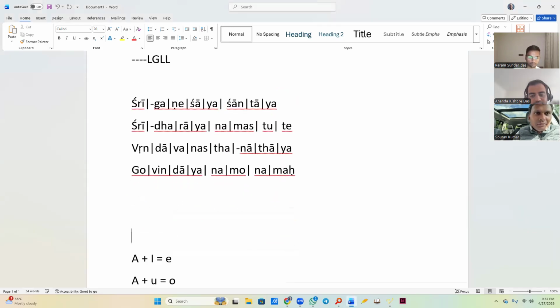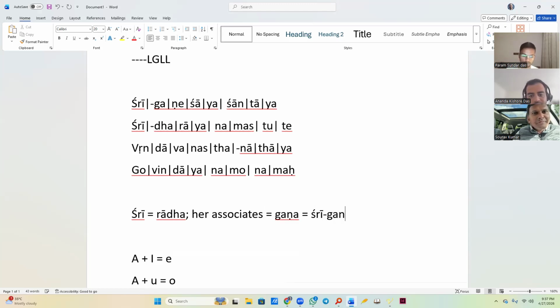Shri is Radharani. Then her associates. In Sanskrit, we call it Gana also. Gana means associates. So Shri Gana. Now, their master or their lord.